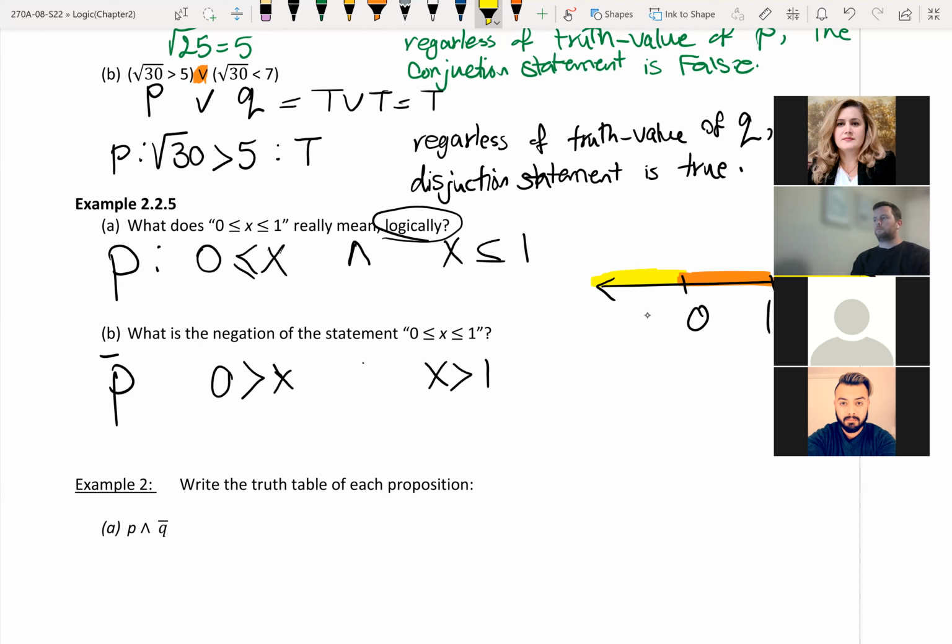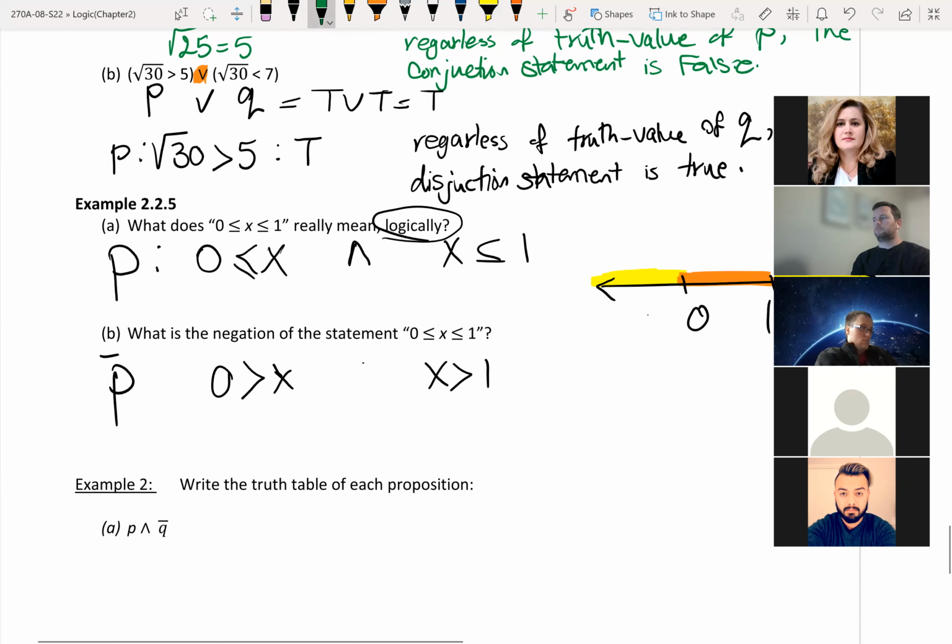Is it and or or? It is or, because if x is not between 0 and 1, it either has to be less than 0 or bigger than 1. Does it make sense in calculus or algebra?